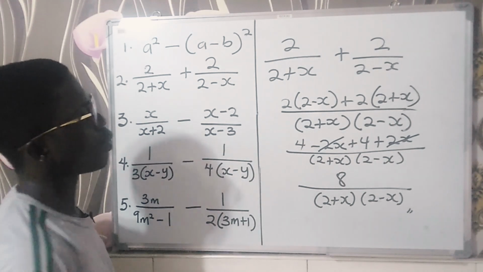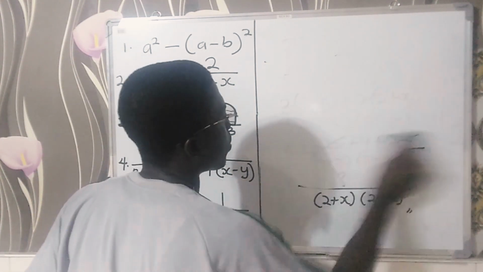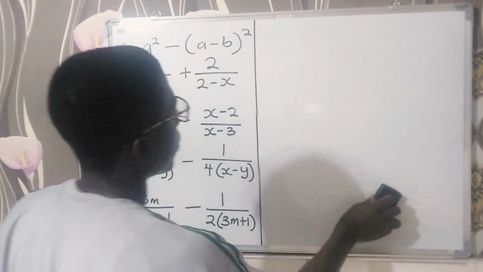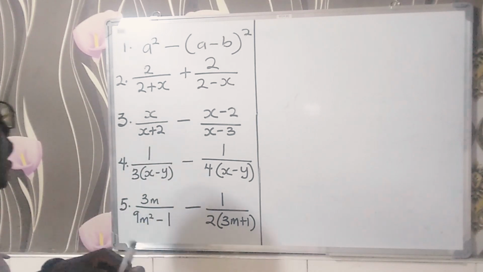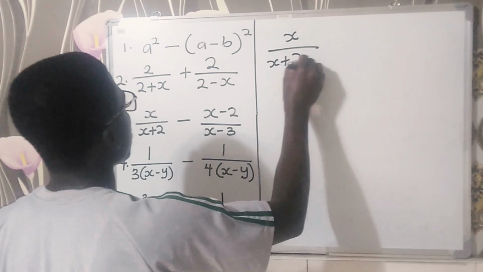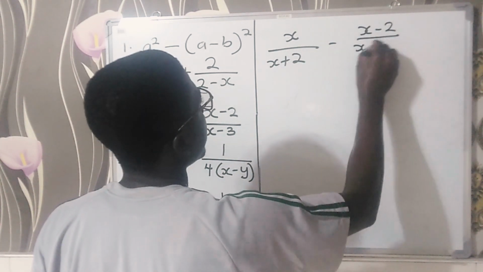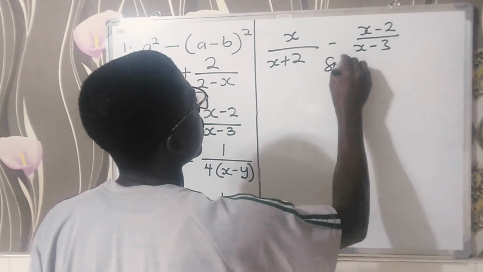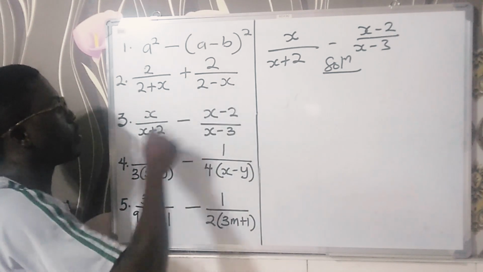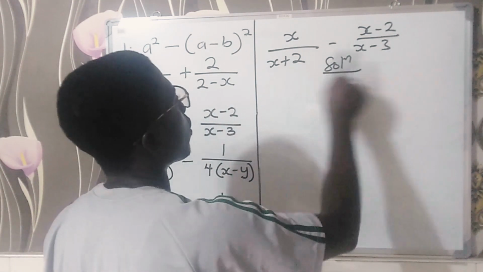Now let's move on to question 3. So in question 3 we have x plus 2, and then minus x minus 2 out of x minus 3. So as we did for question 2, we will do the same thing for question 3 by finding the LCM for these two.